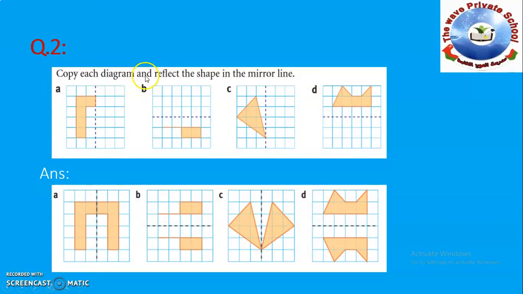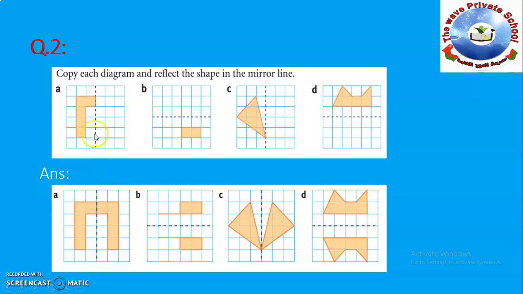Copy each diagram and reflect the shape in the mirror line. So first of all, there is an object present and a mirror line is given. So you have to draw the shape that is the same as that object.